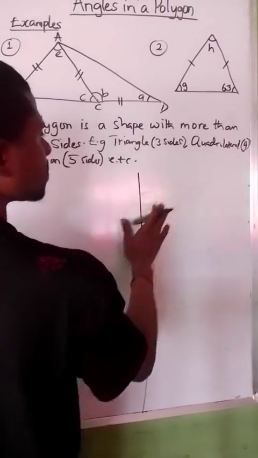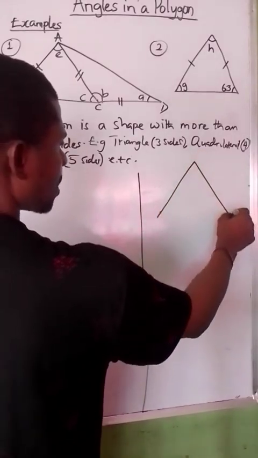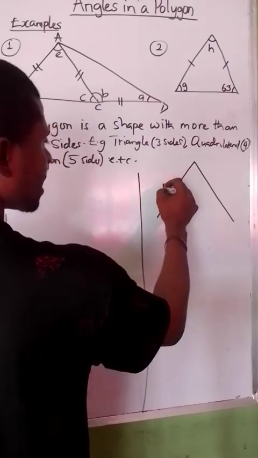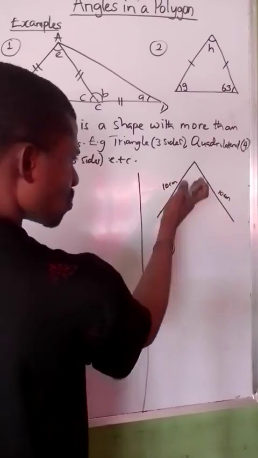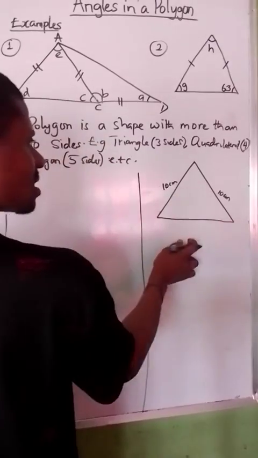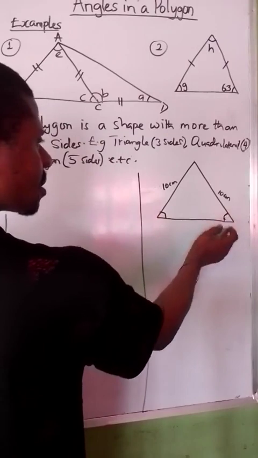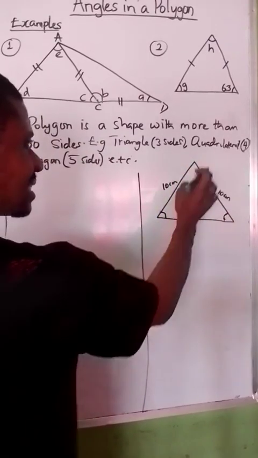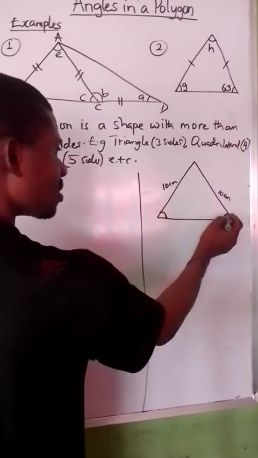But imagine I have a perfect 10 centimeter line and this 10 centimeter line. Both of them are perfect, so the line under it will be perfect. This angle will be the same because they have formed a perfect 10 centimeter line. So their angles here will be the same.